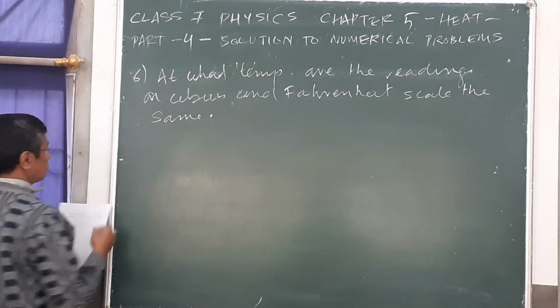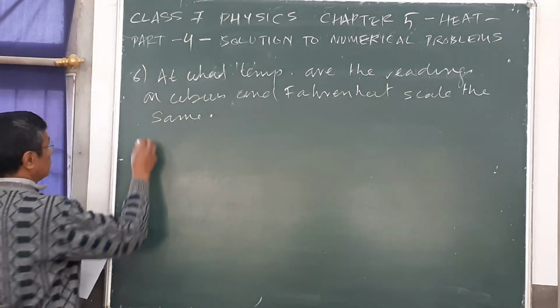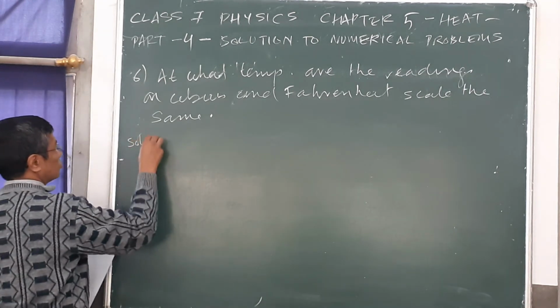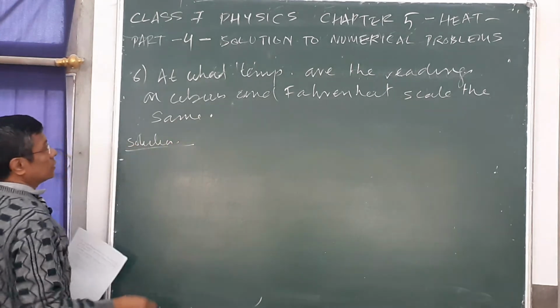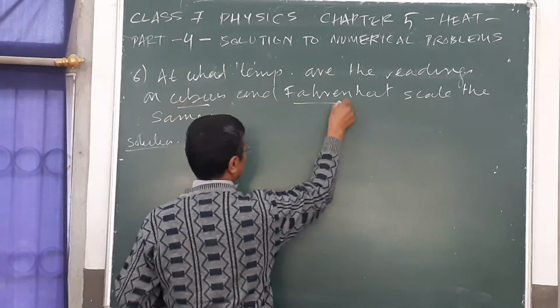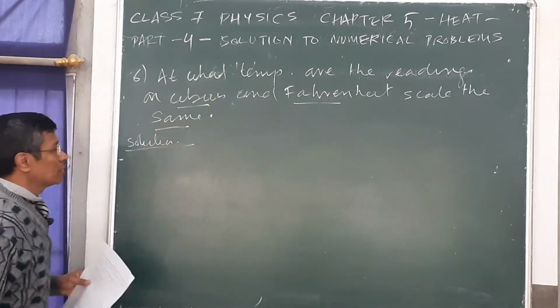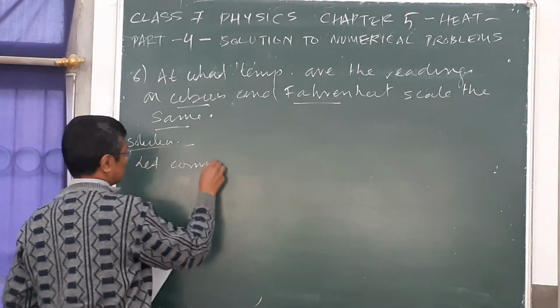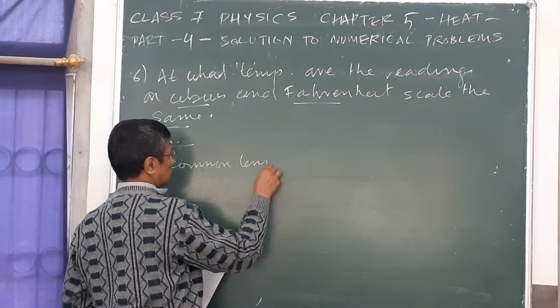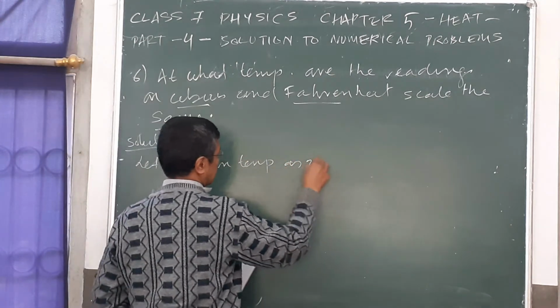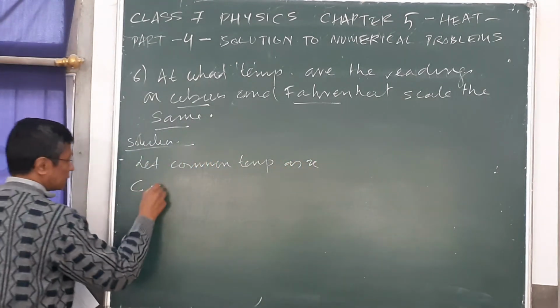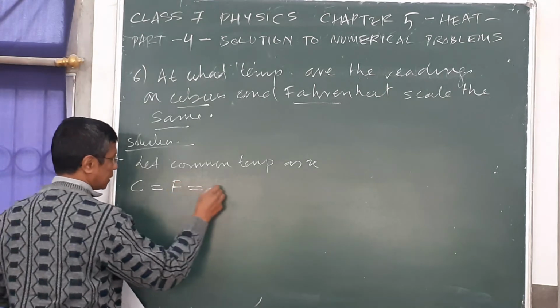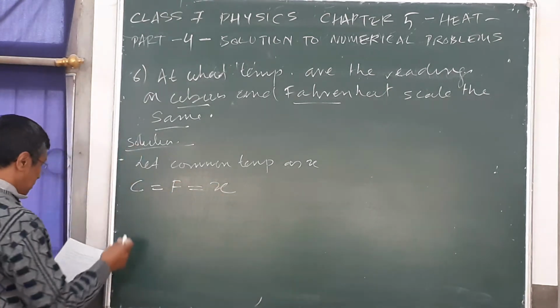So, in this case it says the temperature in centigrade scale and the Fahrenheit scale is the same. So, let us take the common temperature as x. The temperature in centigrade scale and the temperature in Fahrenheit scale will be taken as x.